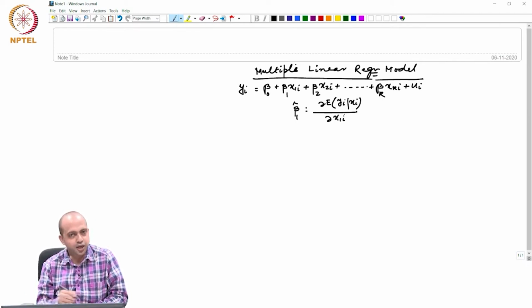In economics many a time we have heard the term ceteris paribus. Ceteris paribus condition means keeping the impact of other factors constant.